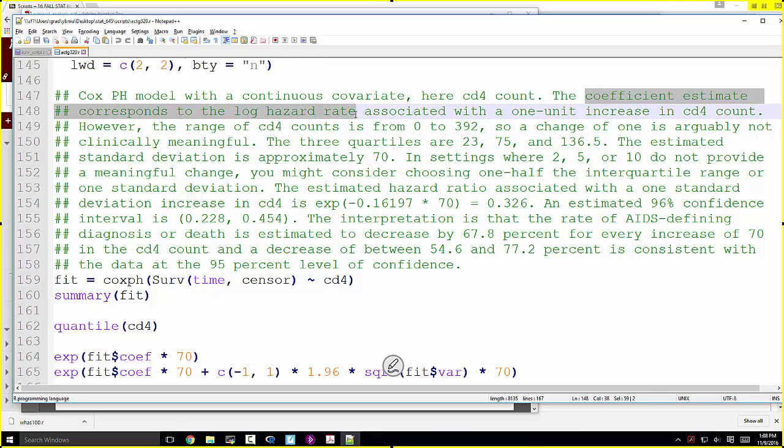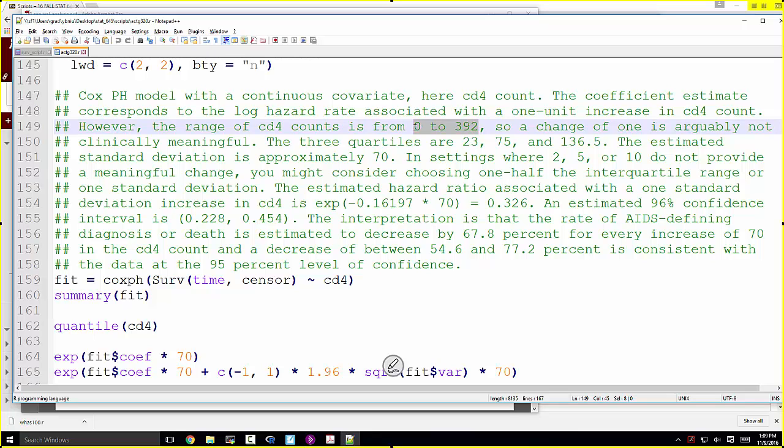A beta coefficient is a log hazard ratio associated with, in the usual slope-type interpretation language, a 1 unit increase in CD4 count. The range of CD4 here goes from about 0 to almost 400.